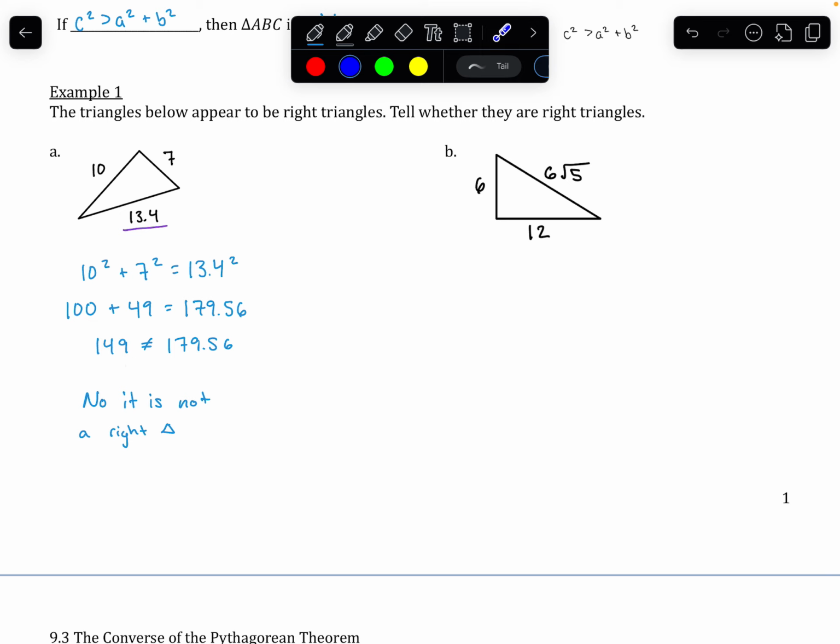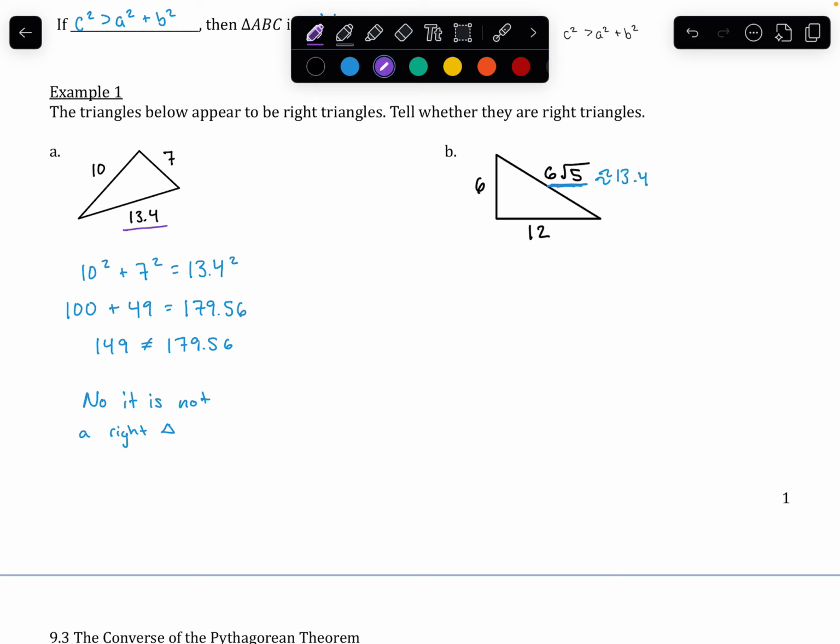Okay, let's move to our next problem. I need to identify the hypotenuse. This image shows us that 6 square root 5 is the biggest side, but if I were to put that in a calculator, it would be about 13.4. So I know that's going to be my biggest side.